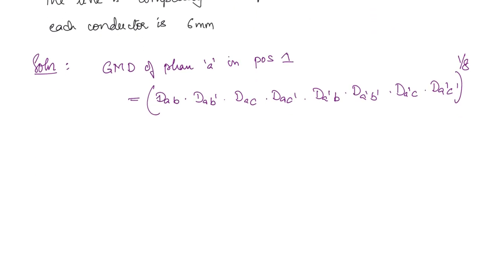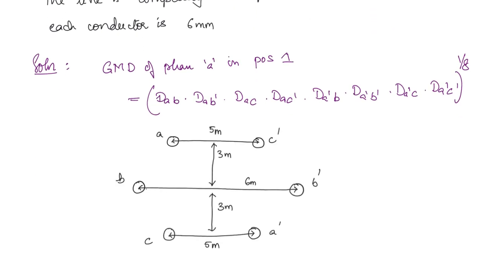So now we will see what are these distances. First, DAB, this is the distance. So it is not given, we have to find it from the given data. So this distance is given as 3 meters, right? And this distance is also given as 3 meters. Now since this all will form a rectangle, this length will be equal to 5 meters, right?